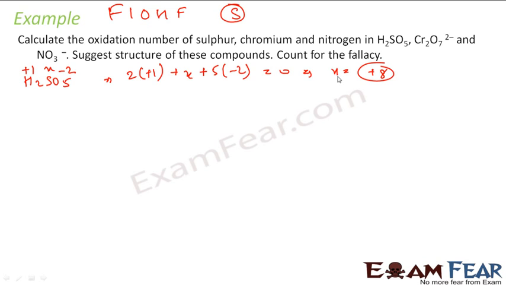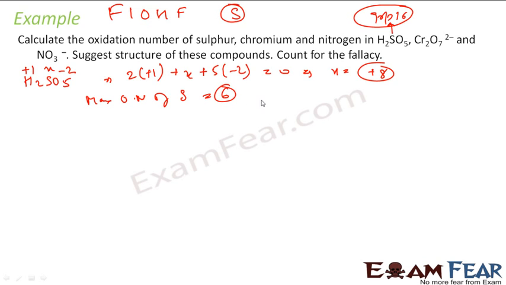Plus 8, right? x is equal to plus 8. But sulfur is in which group? Sulfur is in group 16. So according to the rule, the max oxidation number of sulfur has to be plus 6. Plus 8 is not possible, right? There is something wrong there.